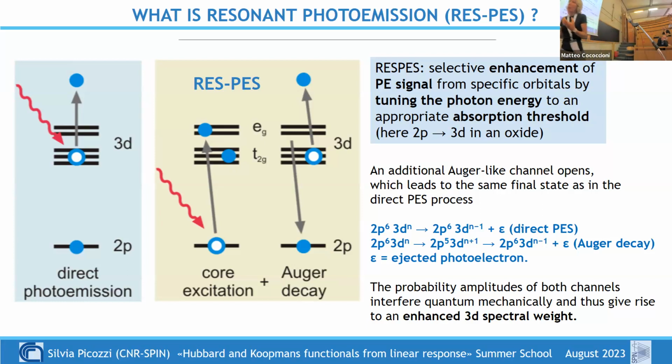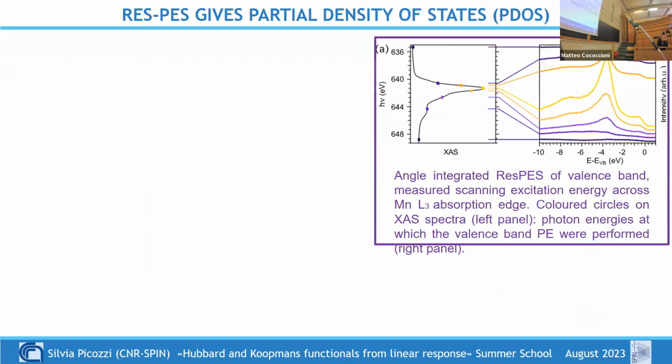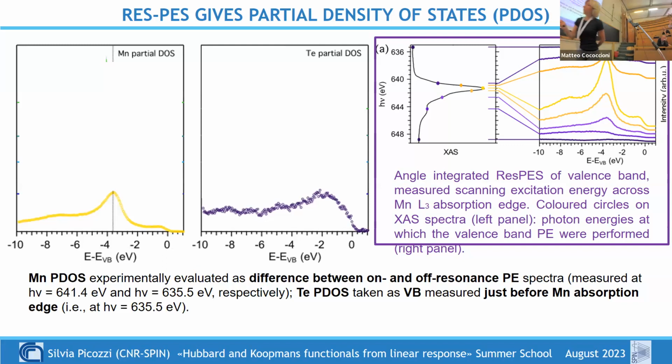With this resonant photoemission, you map the partial density of states of manganese if you appropriately tune your photon energy to the threshold that excites from the core level to the shell.